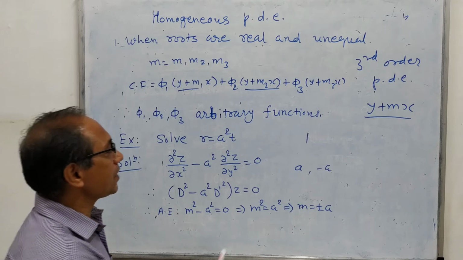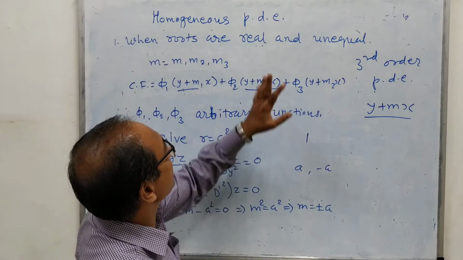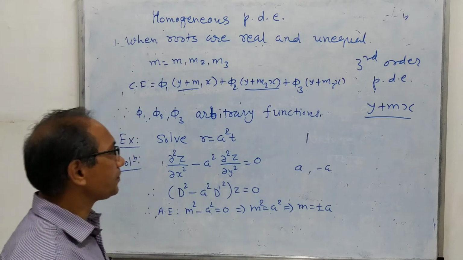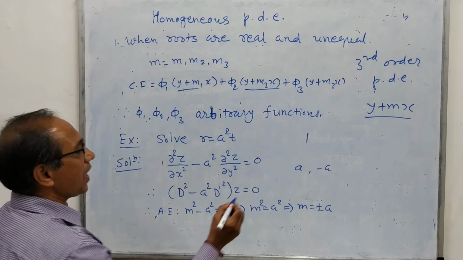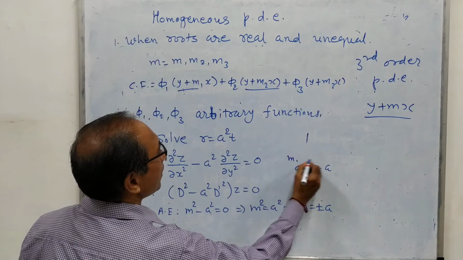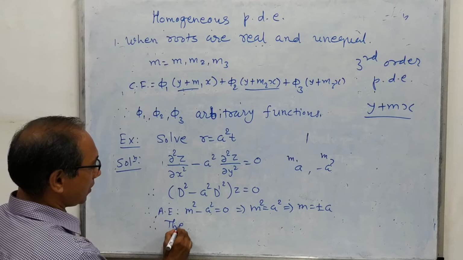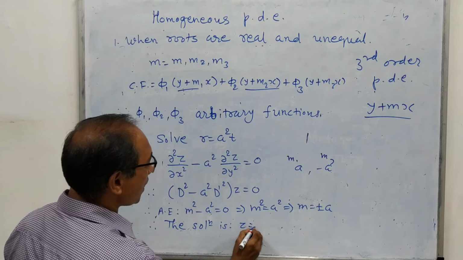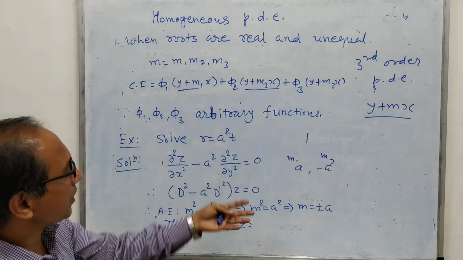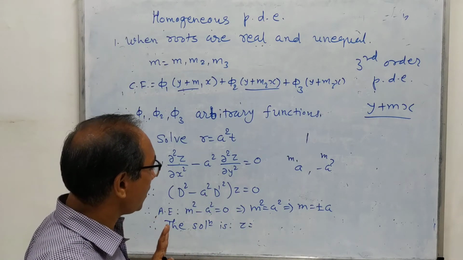So here we can see that both the roots are real and both are unequal. That means they are not equal. Okay. A and minus a both are different. So this is our m1 and this is our m2. Therefore, the solution is simply z equal. Here we will not write CF because CF itself is the solution, because there is no need to find the particular integral over here.